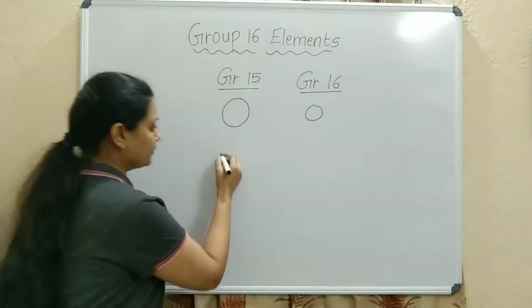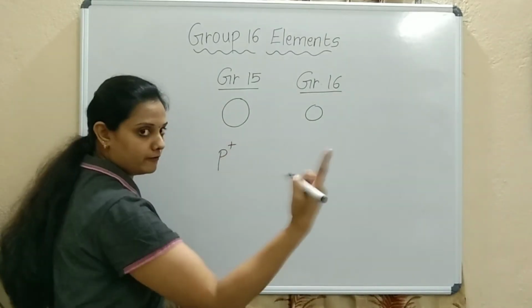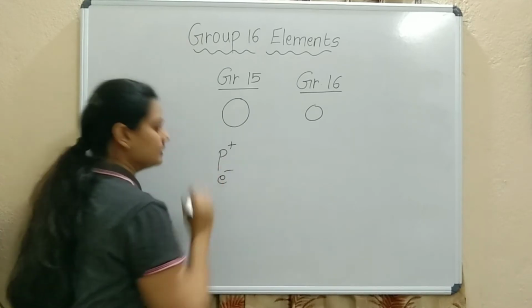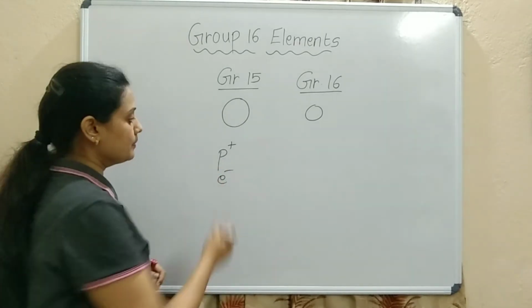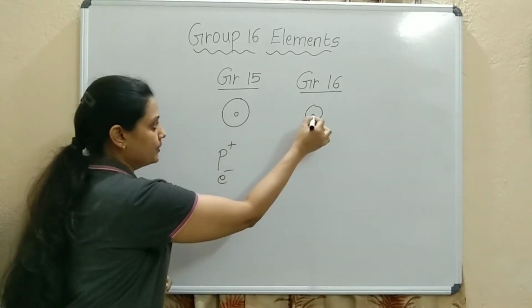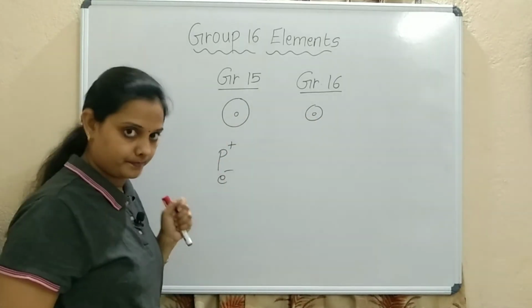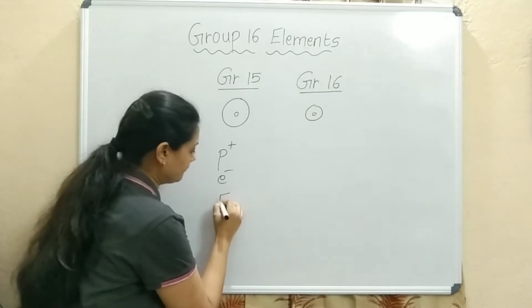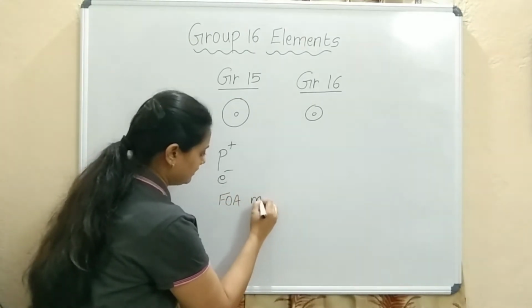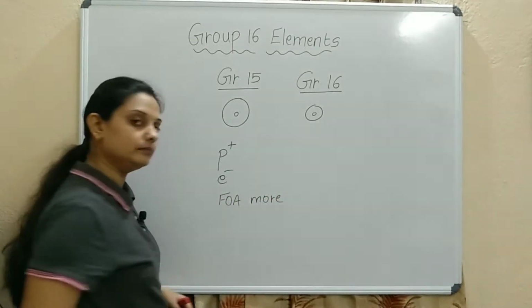The number of protons increases by 1, 1, 1. The number of electrons is also increasing. Protons are present inside the nucleus, and electrons are present in the orbits. So the force of attraction will be more.